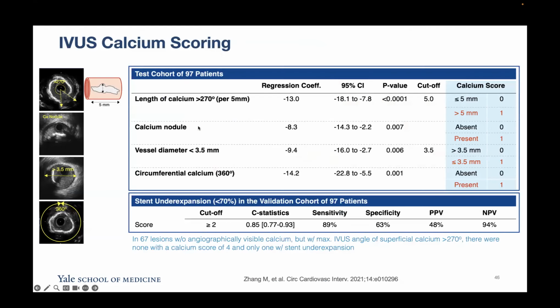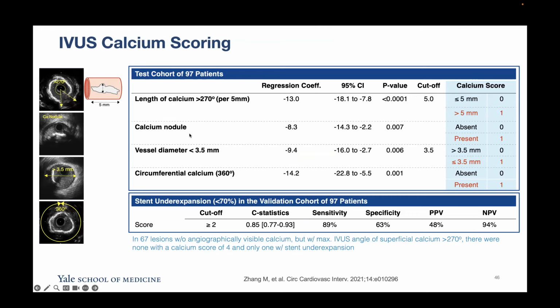For IVUS, this is a more recent scoring following that by OCT. So they looked at 4 variables. So we look at the length of calcium that has more than 270 degrees for 5 millimeters of the vessel. So it has to be circumferential over 5 millimeters. If you have that, you have 1 point.